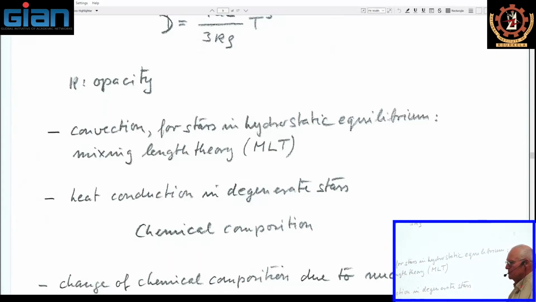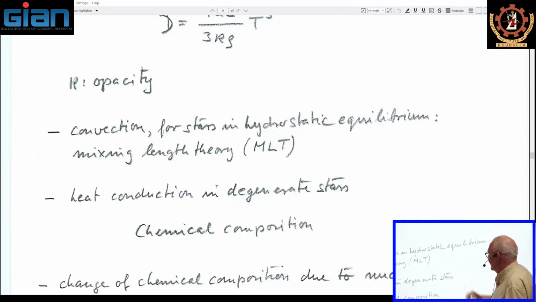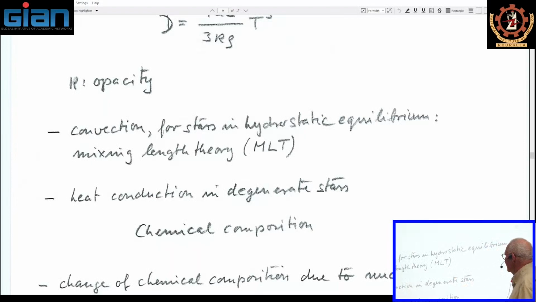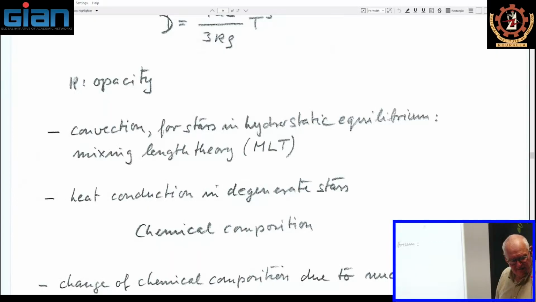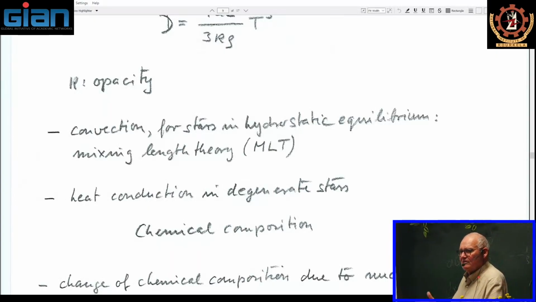And that happens also in a star. Once the stratification becomes unstable, convection sets in, and then we need to calculate what is the energy transported by this motion.